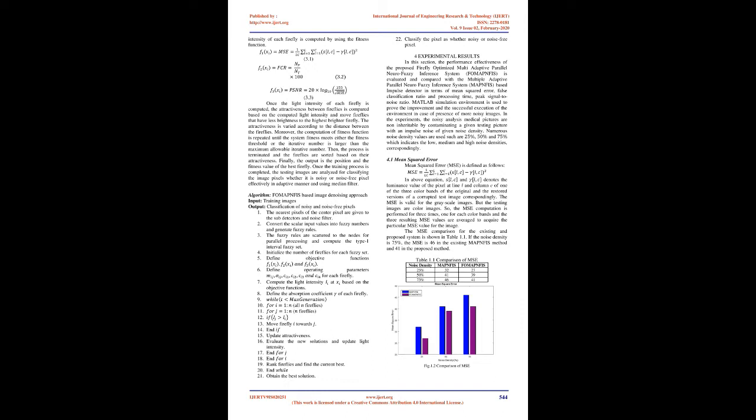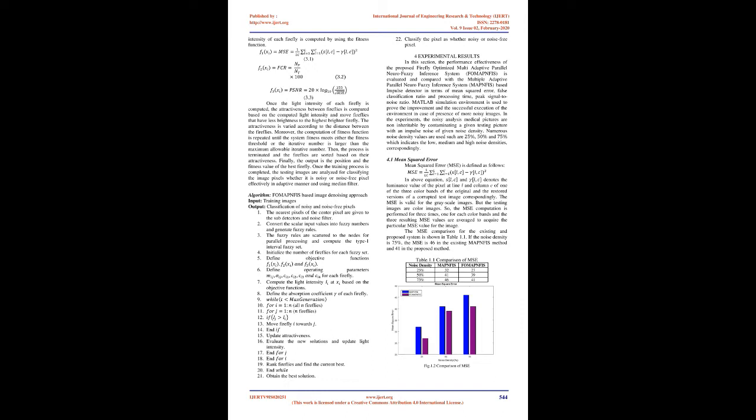Algorithm: FOMAPNFIs based image denoising approach. Input: training images. Output: classification of noisy and noise-free pixels. 1. The nearest pixels of the center pixel are given to the sub-detectors and noise filter. 2. Convert the scalar input values into fuzzy numbers and generate fuzzy rules. 3.